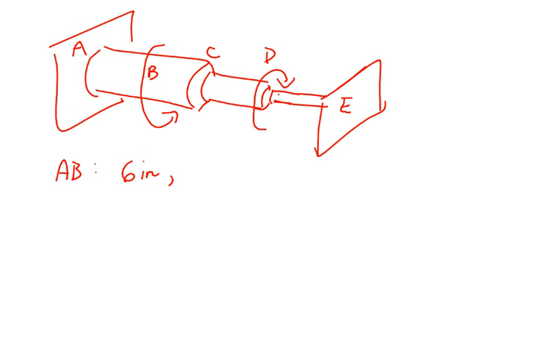I need values for L and values for radius. Let's say the radius is 1 inch. And then I need a shear modulus. Why don't we say that it's 2 times 10 to the 6 psi.